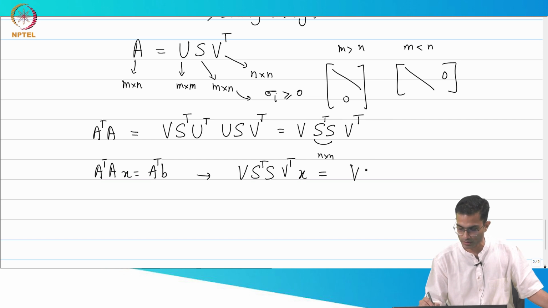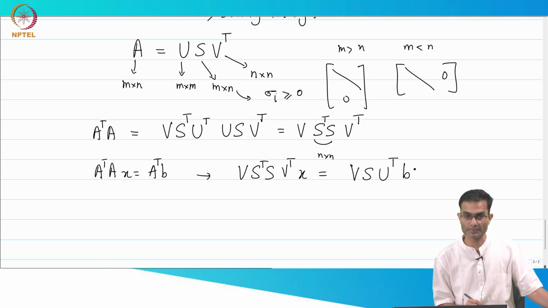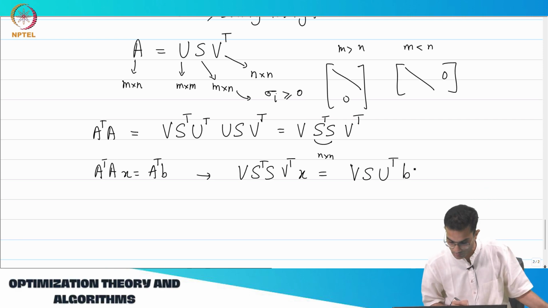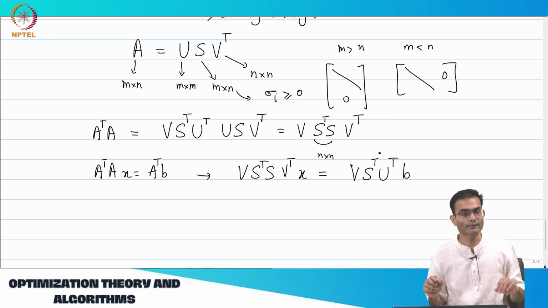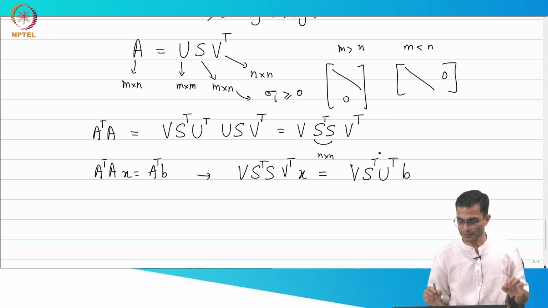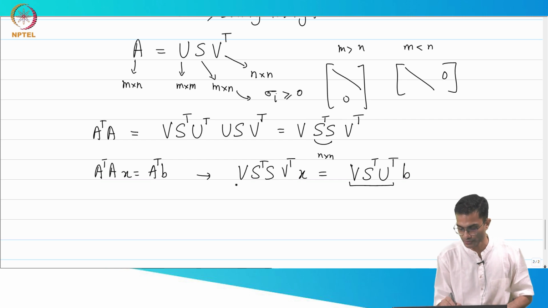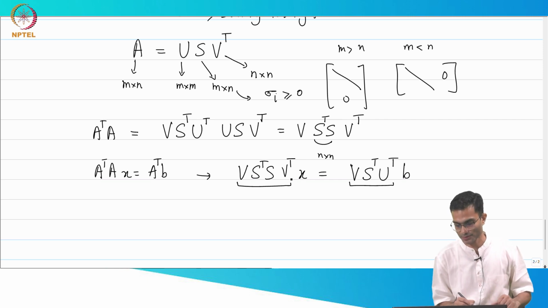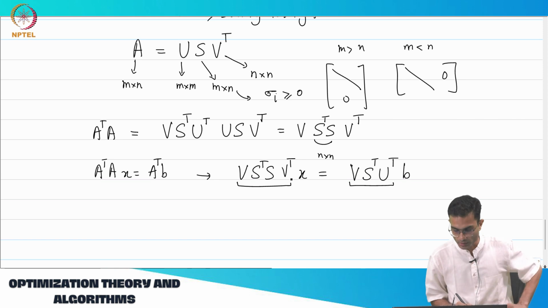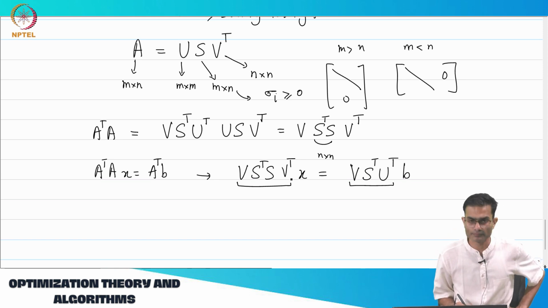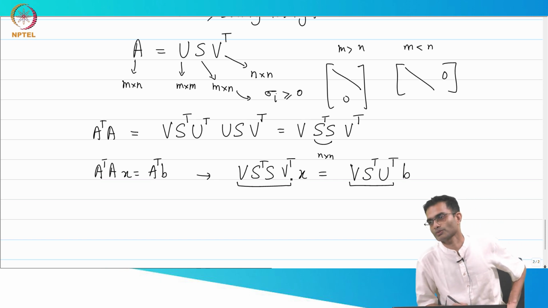So that becomes V S transpose U transpose into b. Fine. So I've just substituted over here A transpose. This is my A transpose A. What can we do next to simplify this? There are some extra terms over here. What would you do?